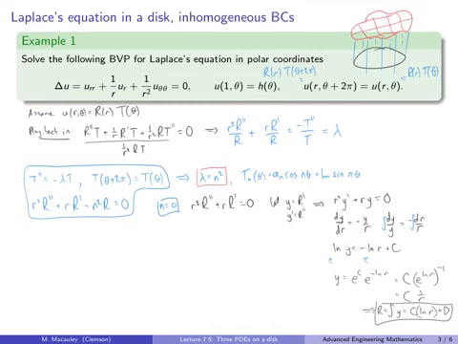Now, in this picture here, we're assuming that the function is defined on the whole disk. So I really should add, I don't have a boundary condition here, but I should say that R of 0 is finite. And the natural log is not even defined at 0. So what we need is that c is equal to 0.